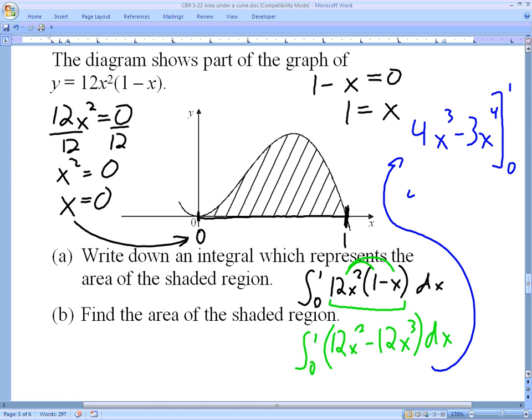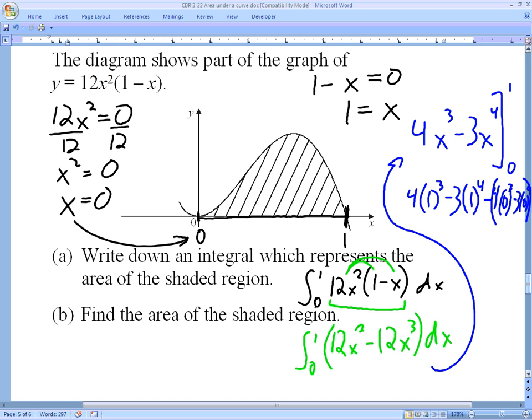So I have 4 times 1 cubed, minus 3 times 1 to the fourth power. I'm kind of out of room here, but I would have 4 times 0 to the third power minus 3 times 0 to the fourth power. And again, I'm sorry that's so hard to read, but we don't have to worry about it because 0 cubed times anything is 0.